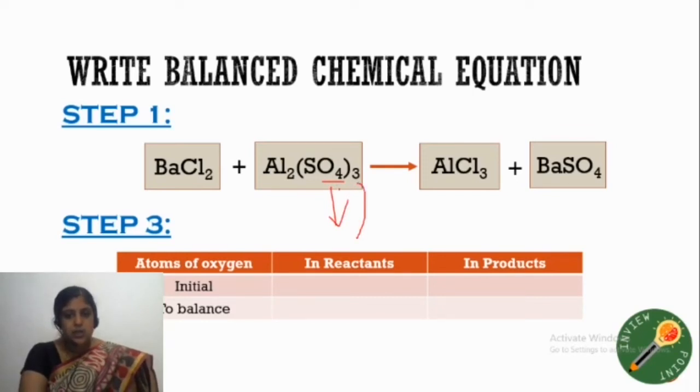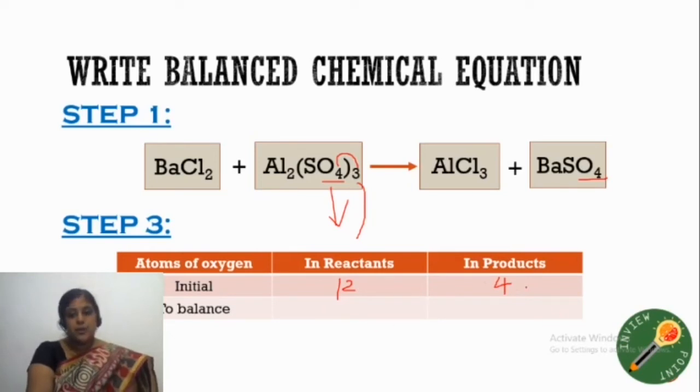(SO4)3. So the number of oxygen atoms is 4 into 3, that is 12. Then in the product side, the number of oxygen atoms is O4, so the number of atoms is 4. So we have to make it equal to make the equation balanced.